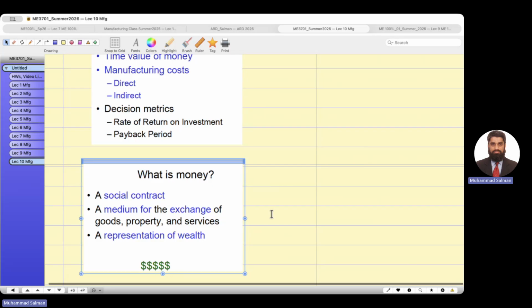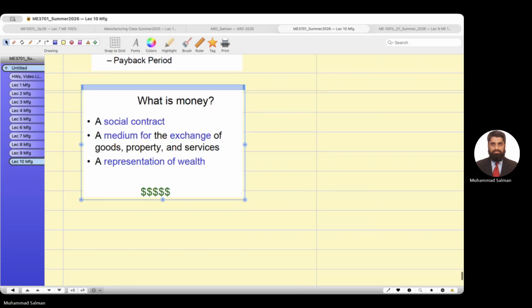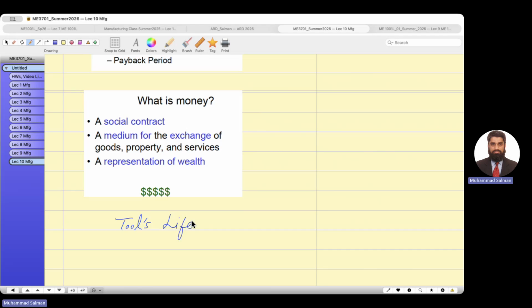I will skip some of the slides to save time because they are just reviews. Then I'm coming to the main topic, the Taylor equation. What is the Taylor equation, or tool life? When you are cutting any metallic workpiece, you need to know the tool life and how you can find out the cost of manufacturing. That is my objective.